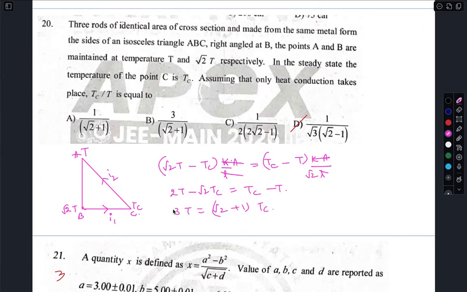Calculation mistake in 3T, 1 minute. TC is equal to 3T by root 2 plus 1 is one option. What else do we have? Oh yeah, B. But actually they have given the answer as D for this. Yes, in the key they have given the answer as D.